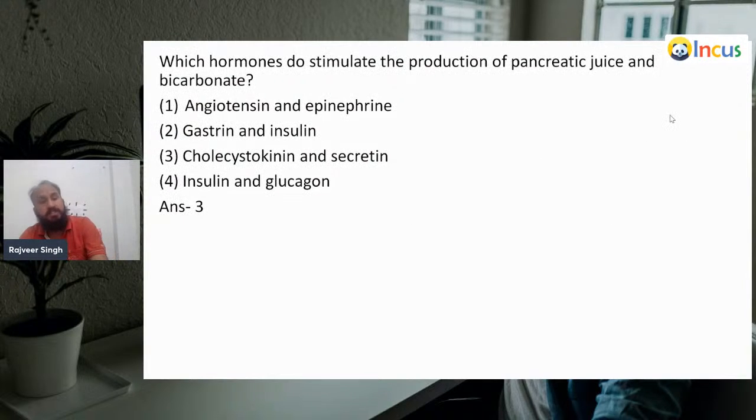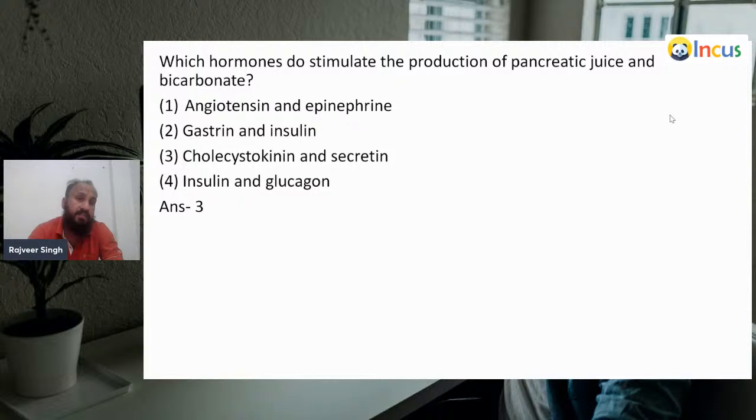Next question is about which hormone stimulates the production of pancreatic juice and bicarbonate. What will be the answer? Angiotensin, epinephrine, gastrin, insulin; cholecystokinin, secretin, insulin, glucagon.